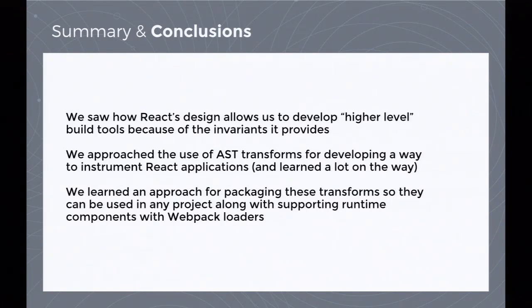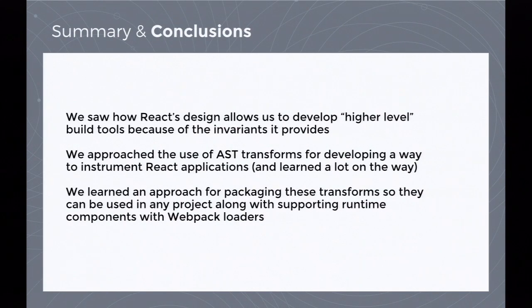In terms of conclusions, we saw how React, with its invariants, really let us extend the boundaries of what we can do at build time as well. It's got really awesome runtime properties, but I'm also really excited about what it provides for us at the time of build. We looked at how we can use AST transforms to do instrumentation of a React application.